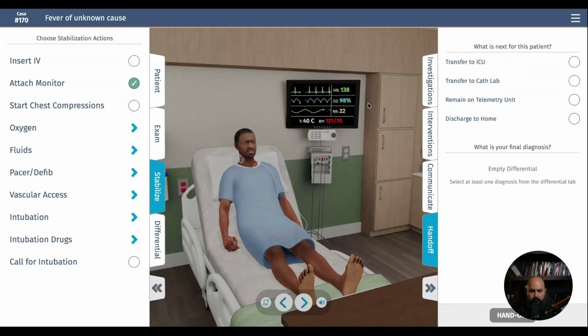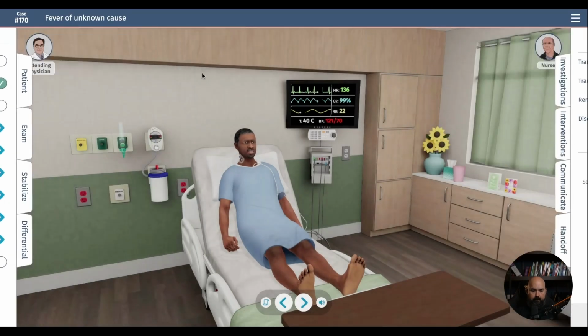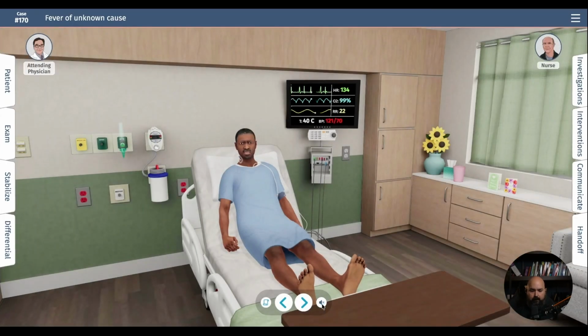Now, so we got some tachycardia. Looks like we're sounding appropriate on room air. Respiratory rate of 22. Temp is 40 degrees Celsius, so a little high, and BP is 121/70. First and foremost, let's kill that sound. There we go.